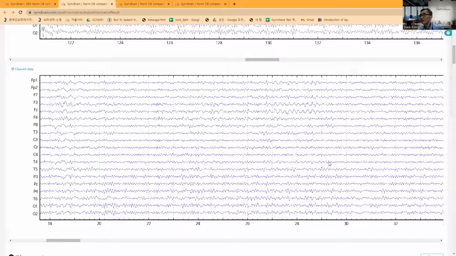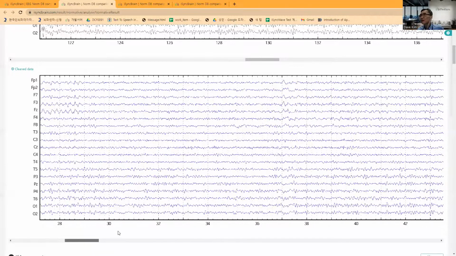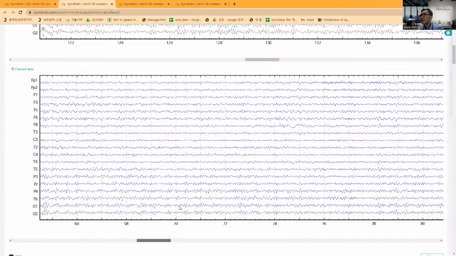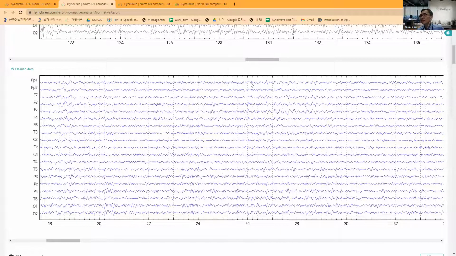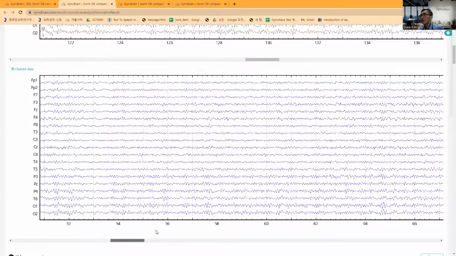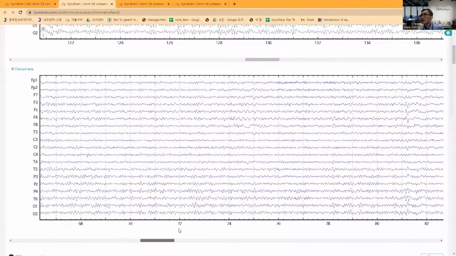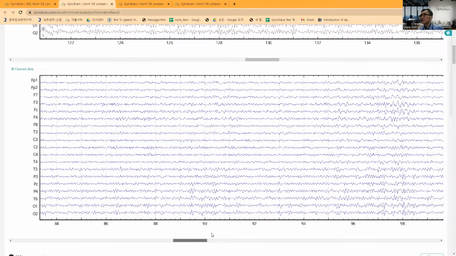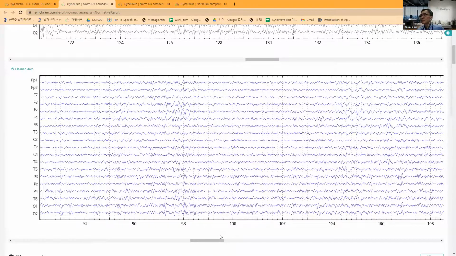This is another theta rhythm here. And this is another theta rhythm here. This kind of theta rhythm in the frontal area like this.